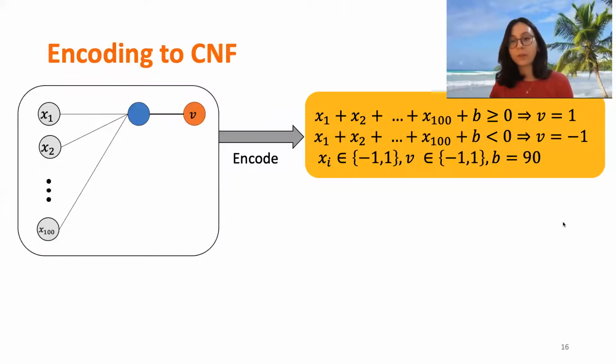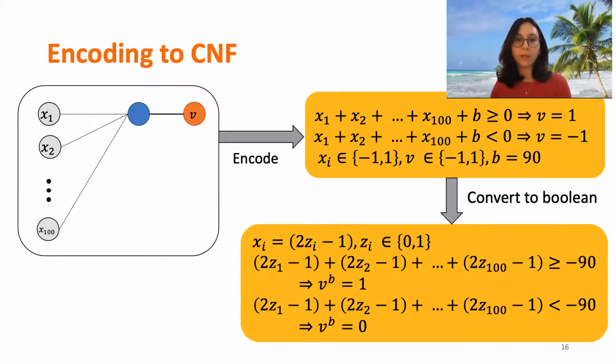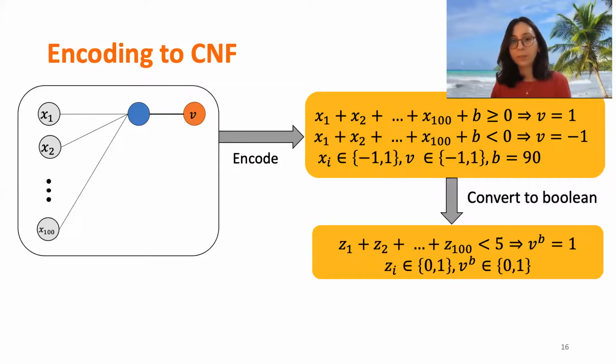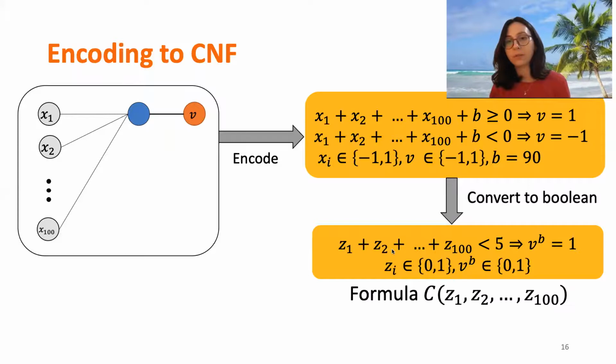However, because we want to obtain CNF, we have to first get rid of the binary variables and convert them to Boolean. So we convert them to Boolean using this formula, and then we obtain this kind of constraint. So let's just look at the left side. How do we go about encoding this to CNF?